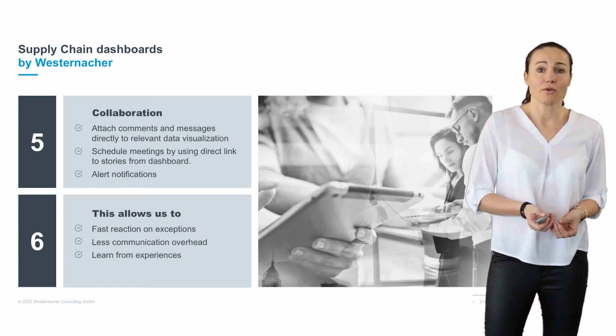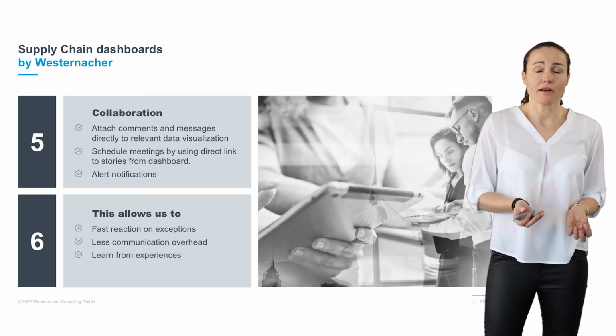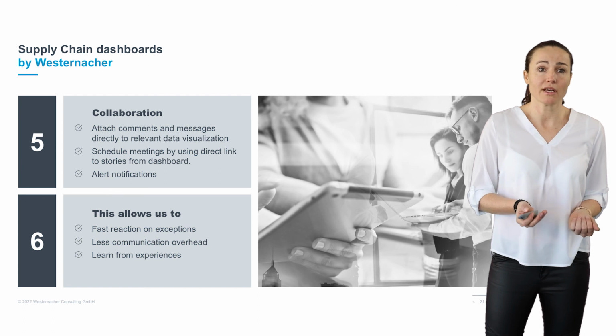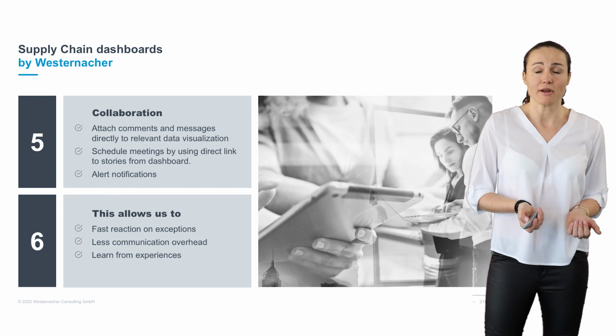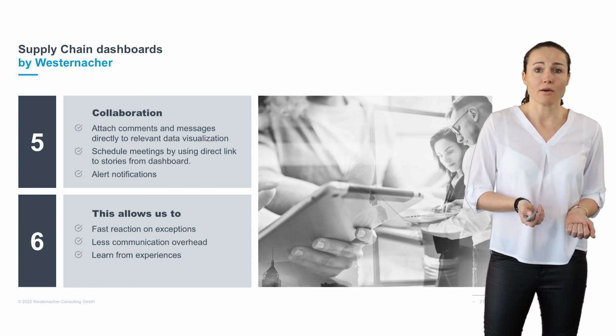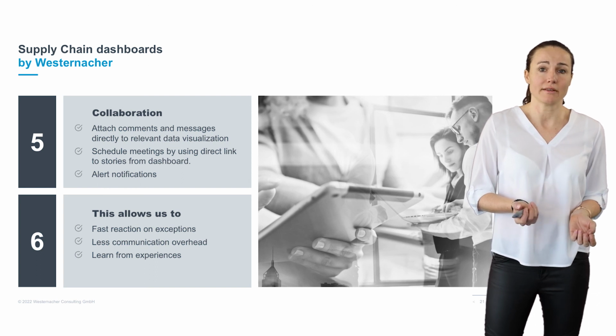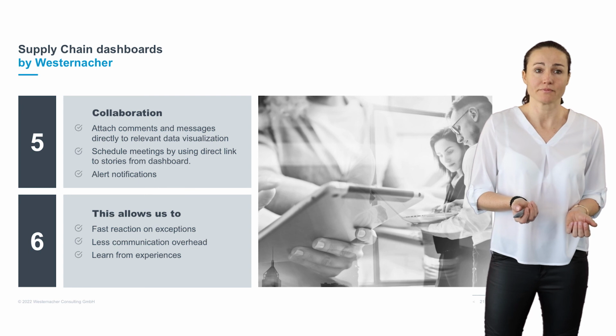In SAC, you can use a lot of collaboration functionalities, for example, commenting, so you can communicate and work directly with other people on the data visualization. You could set up meetings and use your stories directly via hyperlink, or you could even use a functionality in SAC called Digital Boardroom, where you can set up an agenda and underlay each agenda point with a different story or different page of a story.